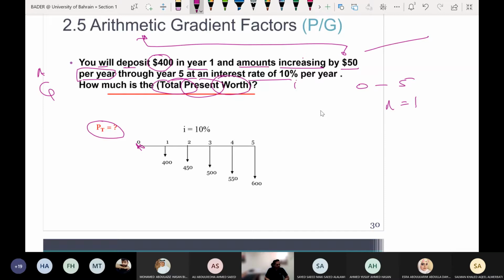Let's look at this. First, he said deposit. It means minus. So, if you realize, I'm starting with a minus, and it says this one increases. Increases, that definitely, 400 plus 50 is 450, and so forth. So, in fact, once I do the following, I realize that I have two components.